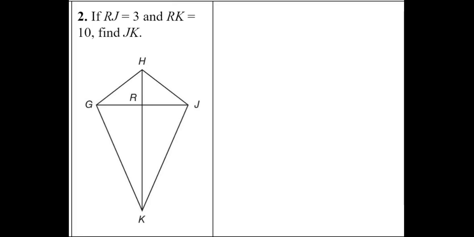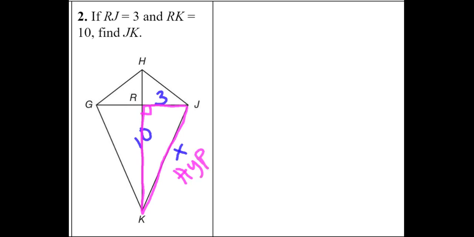For number 2, we have RJ equals 3. RK equals 10. And the question is find JK. So this is our X. Now, once again, the diagonals intersect at a 90-degree angle. And notice that we have a right triangle right here. So you're going to have to do the Pythagorean theorem. X is the hypotenuse of this triangle.